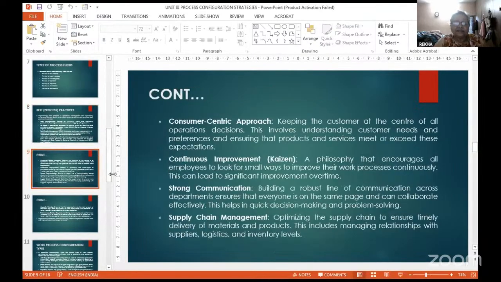Then the consumer-centric approach. Because whatever you are doing, you are doing it for someone. If you don't keep that person at the center and see what he or she wants, whether you are in a hospital, or in a service, or you are producing any goods, then it won't work. Then continuous improvement, this is a Japanese method.